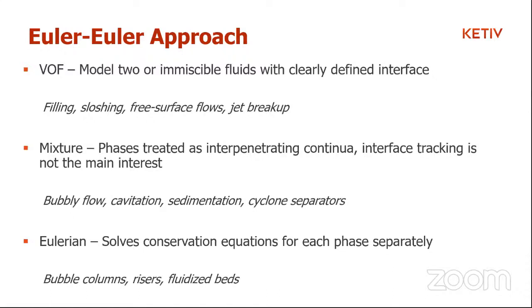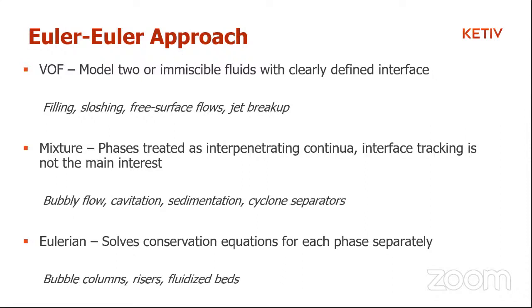And lastly, you have the Eulerian model, which is the most detailed, most advanced model. Why? Because it solves the conservation equations not as a whole for the entire mixture, but for each of the individual phases that exist in your computational domain. The Eulerian model is usually used in cases wherein you want very accurate solutions, where your physics is very complicated and can't be accurately captured by approximations.